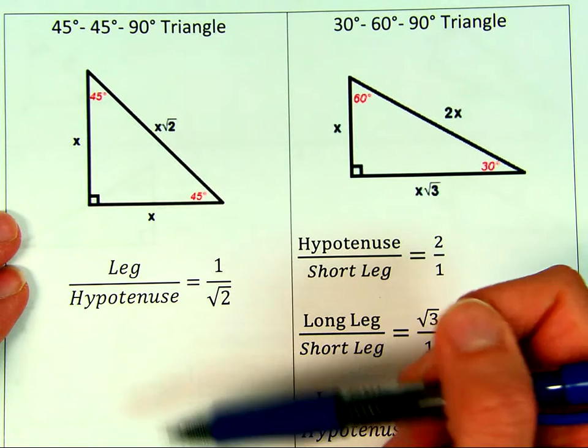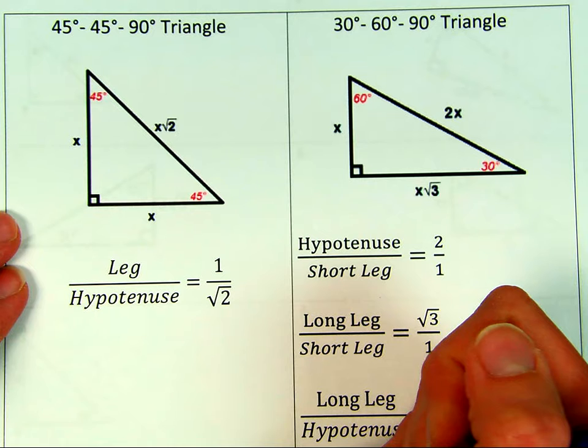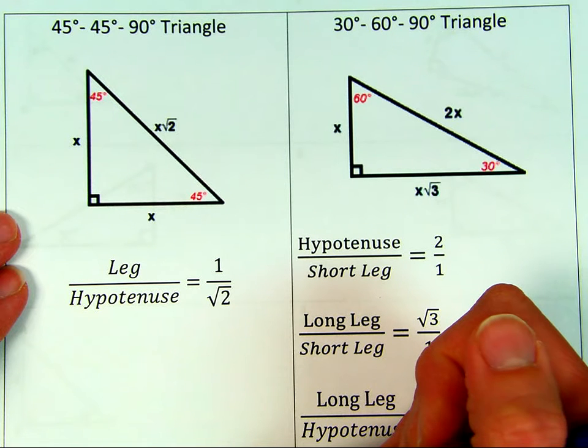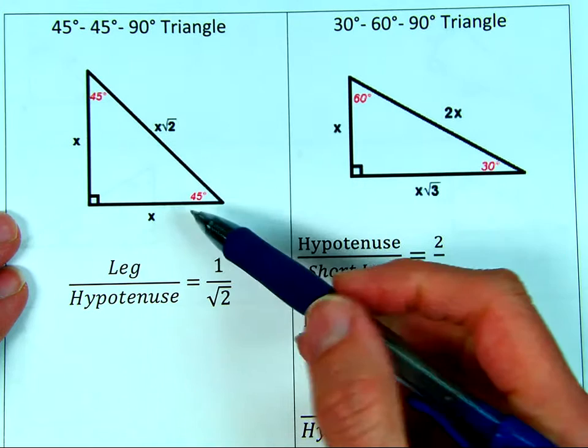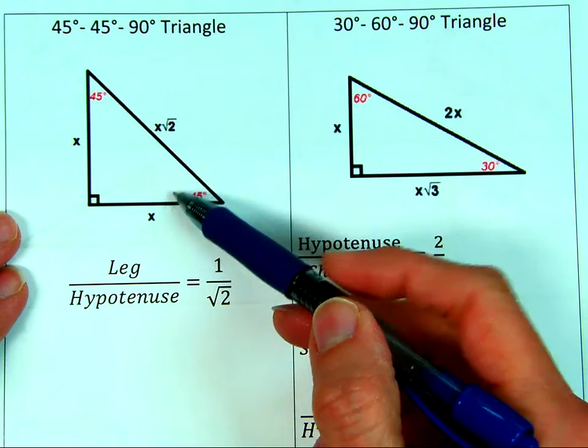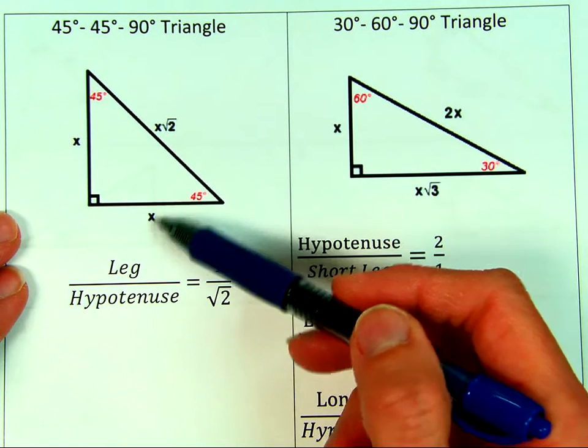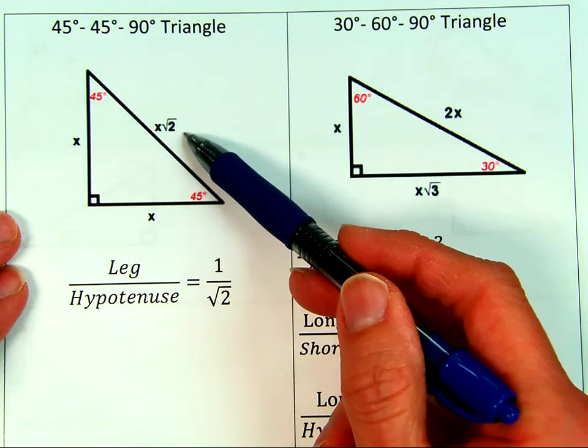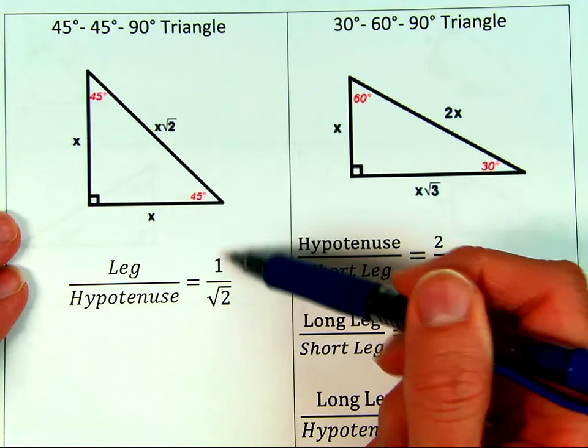But we're going to use similar triangles, because what we know is that if three angles of one triangle are congruent to three angles of another triangle, the triangles are automatically similar, which means that their sides are proportional. So anytime we need to find a side, a leg or a hypotenuse, we're going to use this proportion, 1 to radical 2.